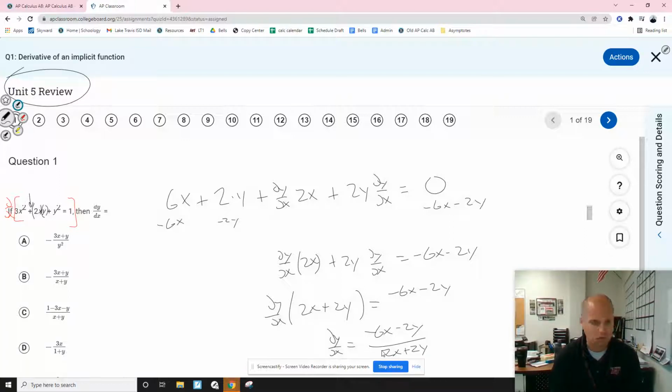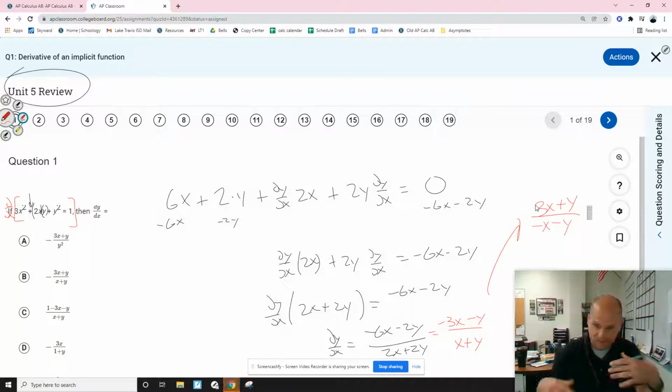Like some of these multiple choice questions, the simplification is the weirdest part. If I divide everything by 2, it's negative 3x minus y over x plus y. It also could be positive 3x plus y over negative x minus y. It's lots of options depending on multiplying the top and the bottom by anything.